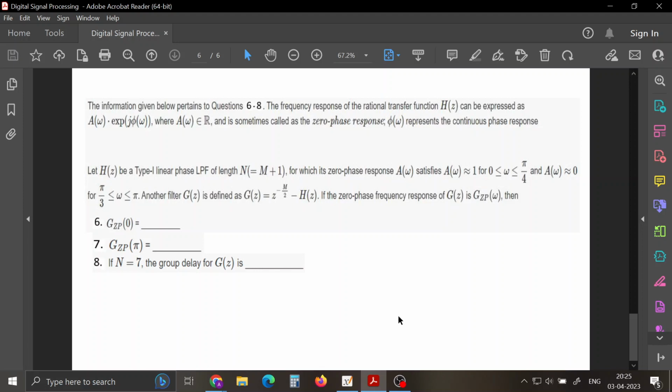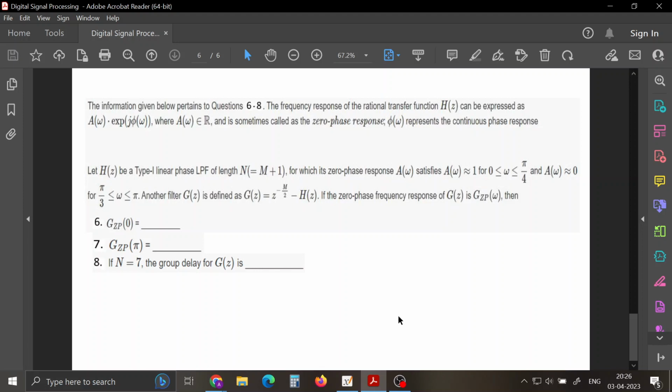If the zero phase frequency response of capital G of z, this new filter, is denoted by G subscript zp of omega, then we need to answer the following three questions. In question number 6, we need to find the zero phase frequency response of G of z at omega equals 0.